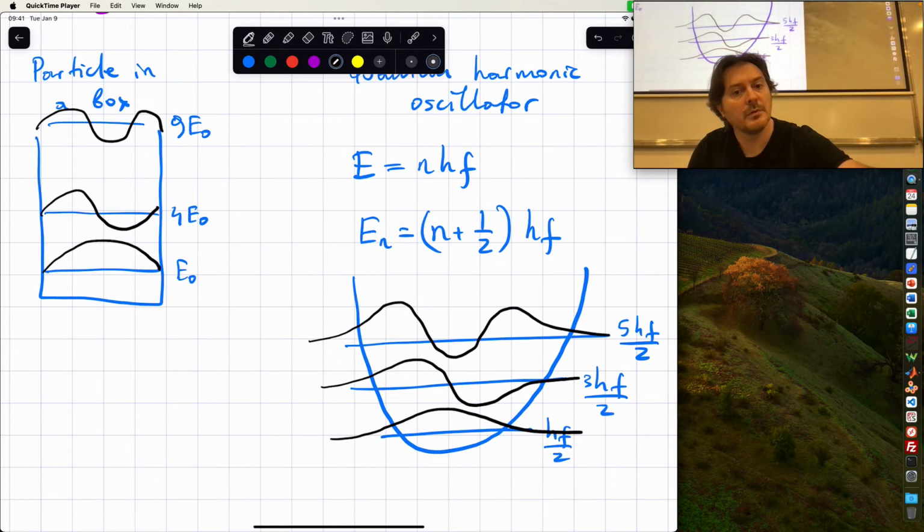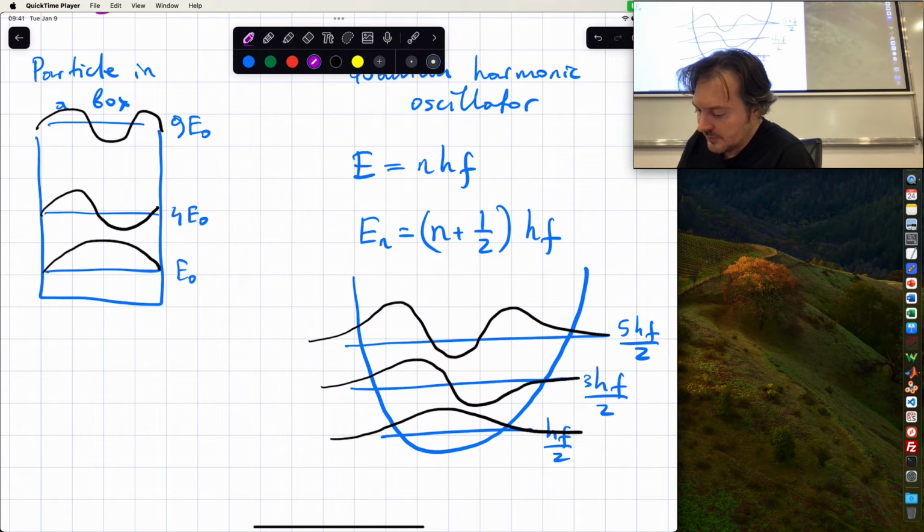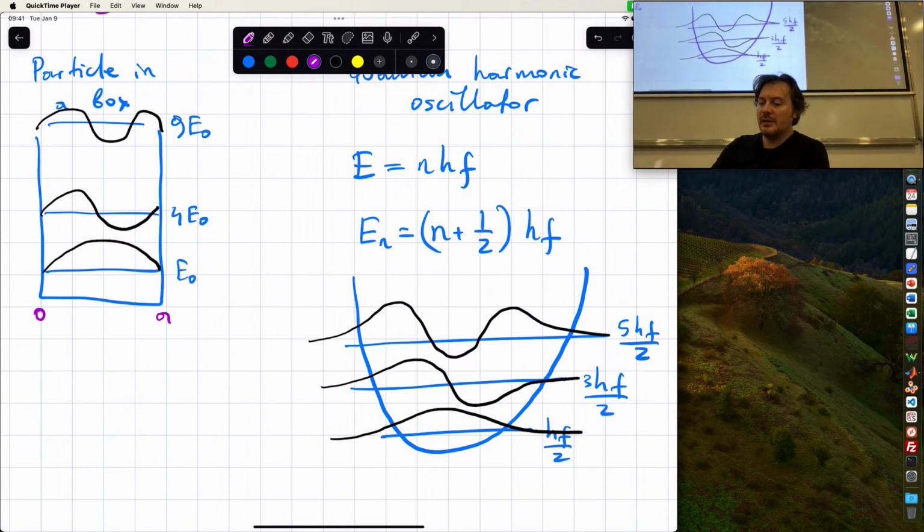It's not zero at the edges because, look, this one is bounded between 0 and A, so the particle actually has to go to 0 at the edges.